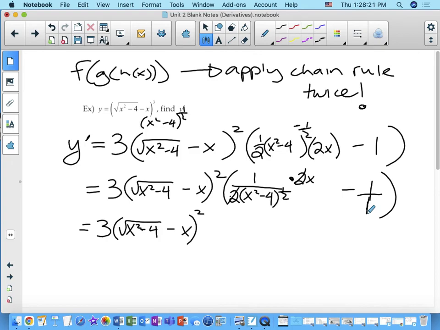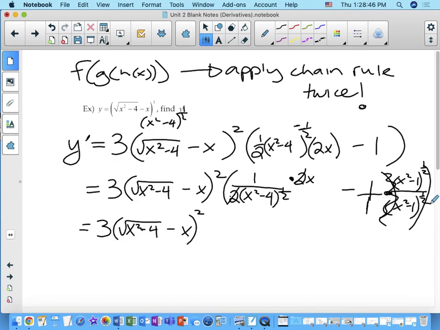What would the LCD be there? Yeah, it's just this denominator. So I'm going to multiply this guy, I should move this bracket out a little bit, by x squared minus 4 to the 1/2 over x squared minus 4 to the 1/2.